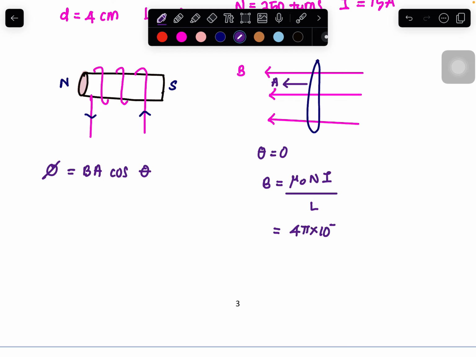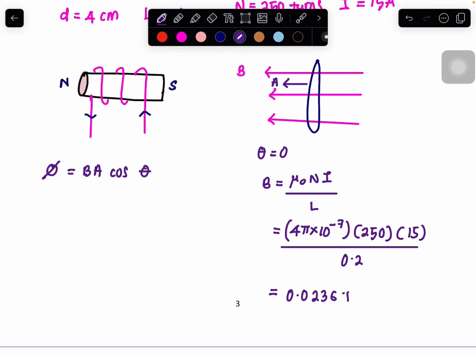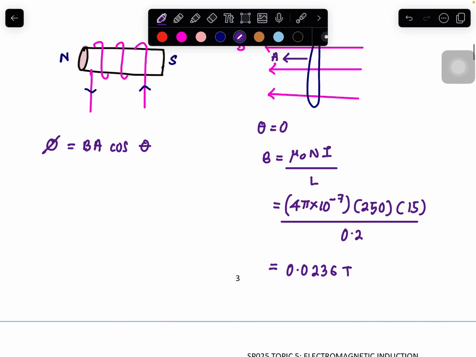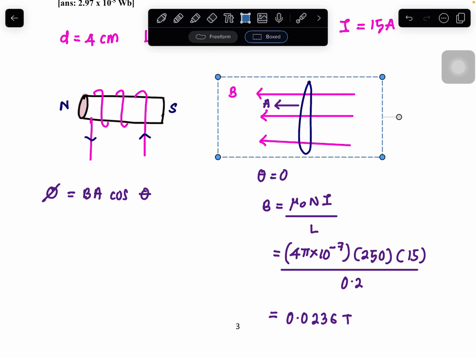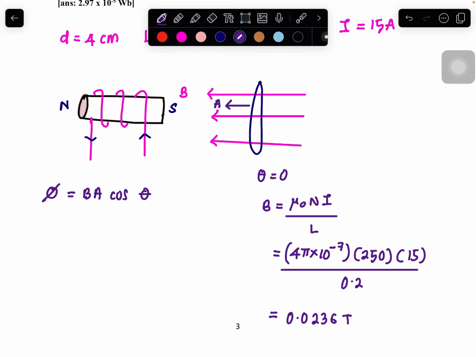Just put in the values we have. Number of turns 250, current 1.5, length is 20 cm, so convert to meter, so you will get 0.0236 Tesla. And then we can find the area. The area is pi d square over 4.